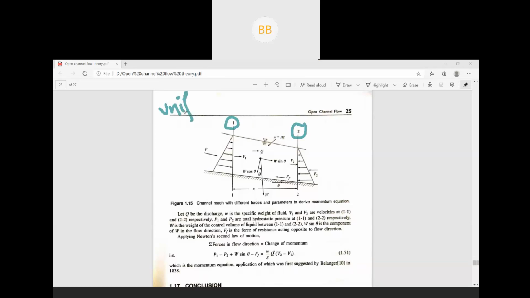When we are considering the derivation of the momentum equation, that flow is uniform and steady flow. So this is your section 1 and this is your section 2.